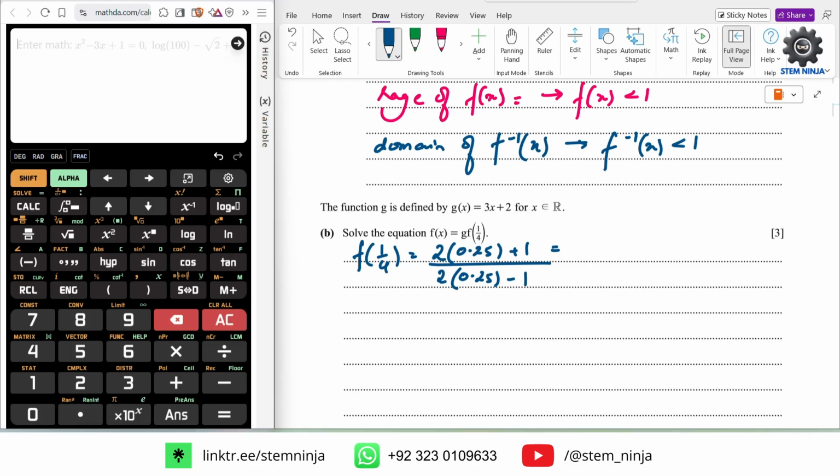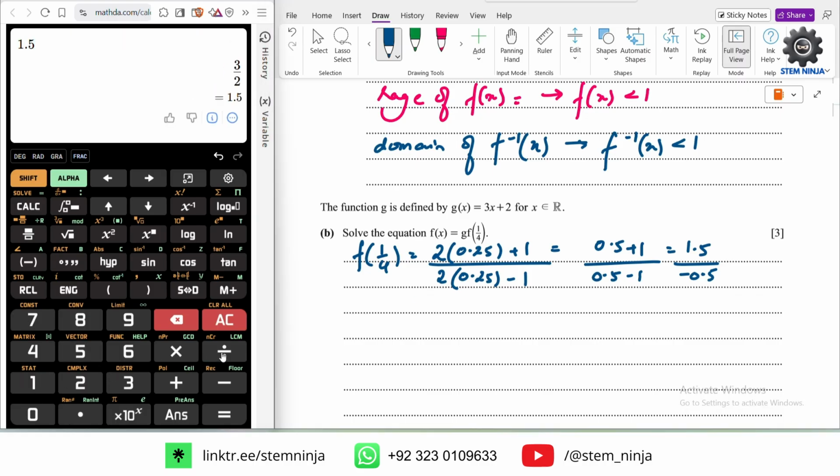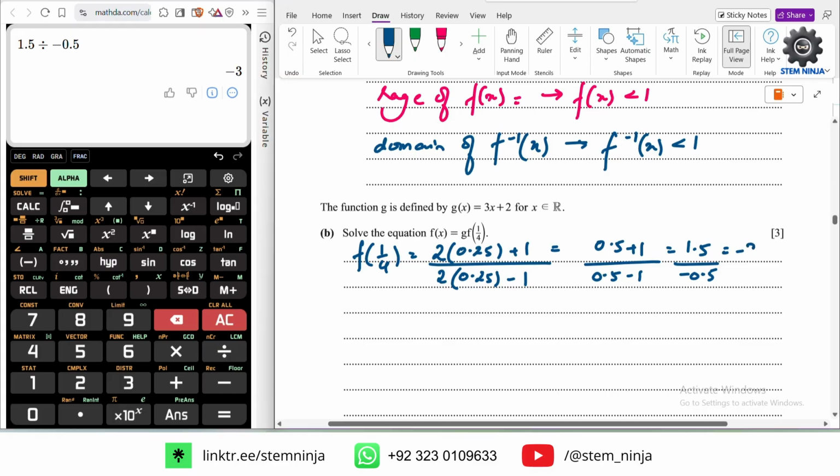So we have (0.5 plus 1)/(0.5 minus 1). So that is 1.5 over minus 0.5. So 1.5 divided by minus 0.5 is minus 3.